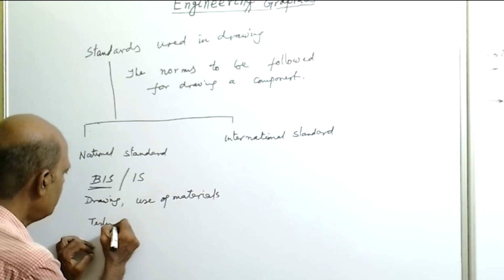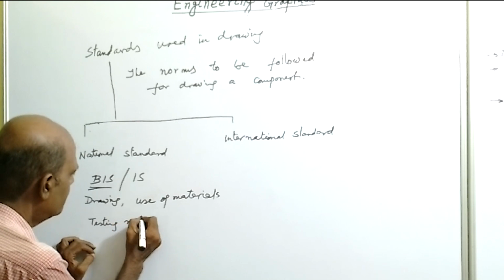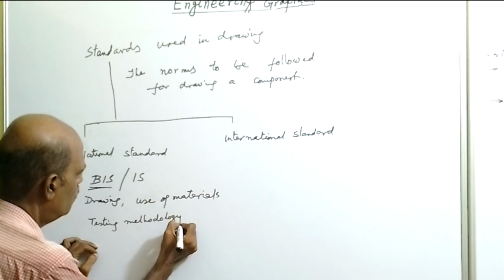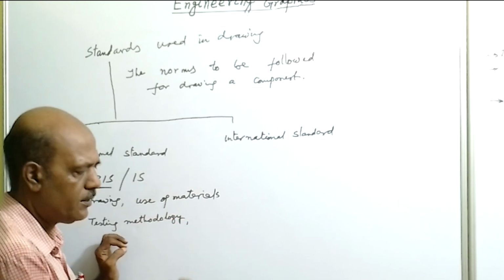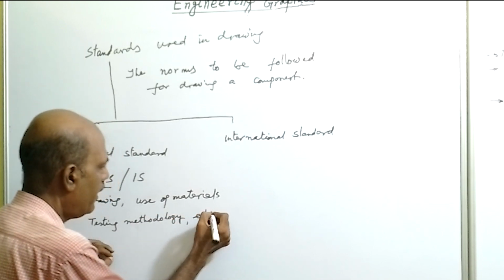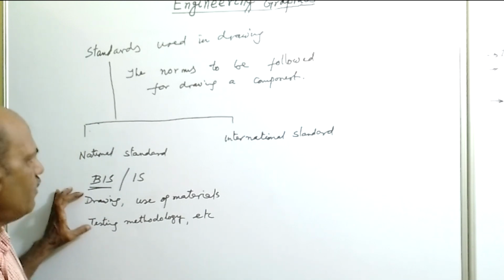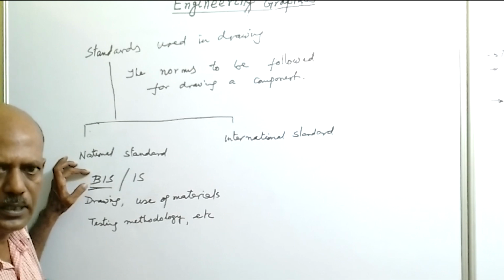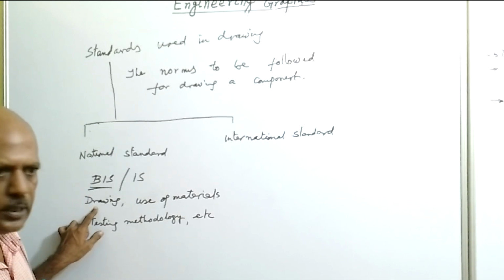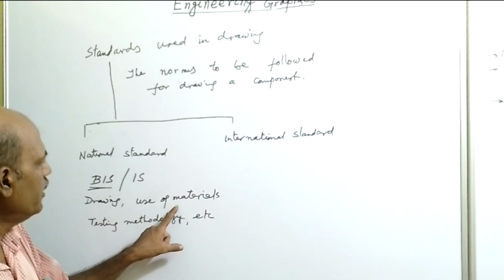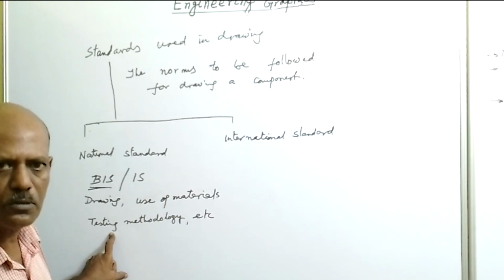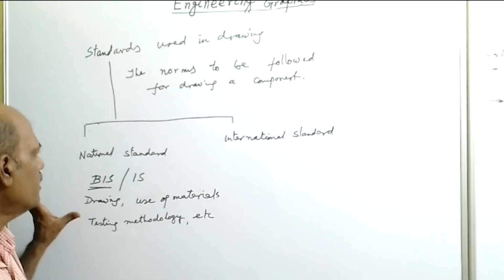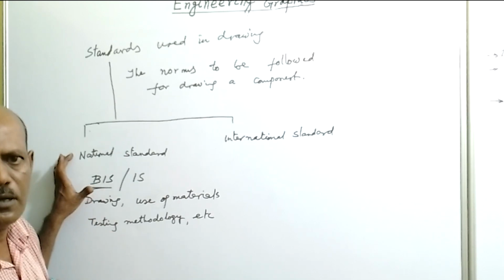So, testing methodology, etc. So everything is standardized by this organization, that is, the BIS, Bureau of Indian Standards. So the procedure of drawing, use of materials, testing methodology or laboratory testing equipment, etc. Everything is decided by this organization.